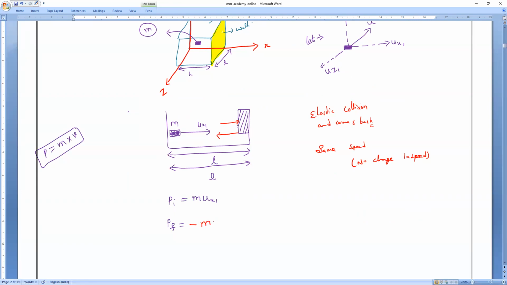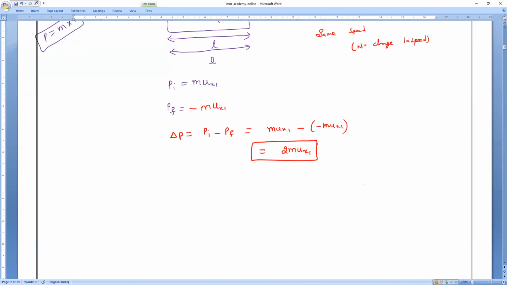So it is minus mux1. If I take the change in momentum, you can take final minus initial or initial minus final. I'll take initial minus final. So what will happen? mux1 minus of minus mux1, which is equal to 2mux1. So what is the change in momentum, everybody? 2mu.